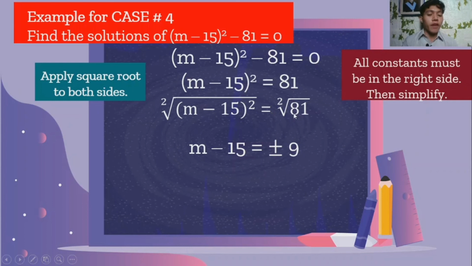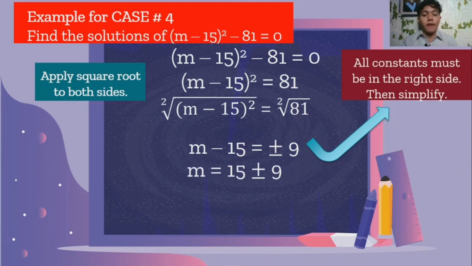Okay? The square root of 81 is positive negative 9. And then, anong sabi ko dito kanina? Transpose natin si negative 15. Bakit? Kasi all constants must be in the right side, no? So, transpose natin si negative 15 sa kabila, magiging positive 15 na siya.